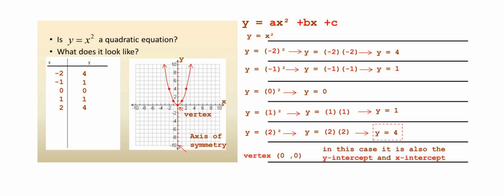And in this case, it also happens to be the single y-intercept that we normally have, and a single x-intercept. So it crosses or touches the x-axis at 0, 0 also. So our vertex happens to be all 3 points: the vertex, the y-intercept, and the x-intercept.